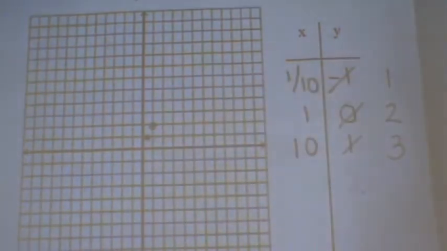Instead of that, you're going to add 2 and graph. You're going to graph 1/10 what? 1. Add 2 to this. So you're graphing over 1/10 down 1, up 1, over 1 up 2, and over 10 up 3.